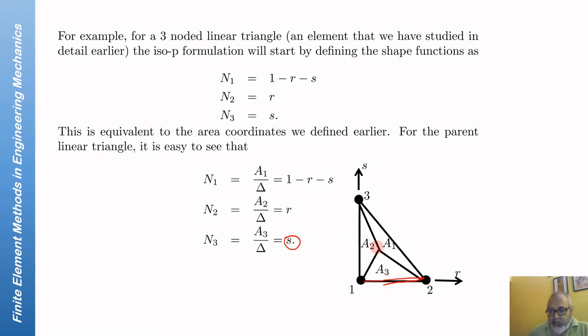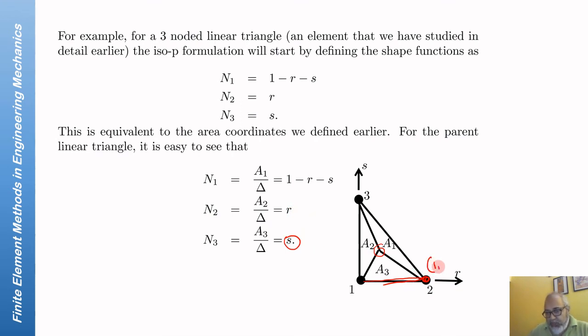When this point lies on the line 1, 3, A2 is equal to 0. Therefore, R is equal to 0. We have defined A2 by delta as R. So, R is equal to 0. So, this is my R equal to 0 line, and therefore, it's the S axis, and this is the R axis. When this point lies on node 2, then A3 is 0, but A2 is the whole triangle, and therefore N2 is equal to 1 and R is also equal to 1.